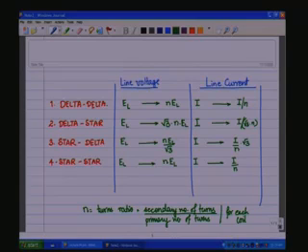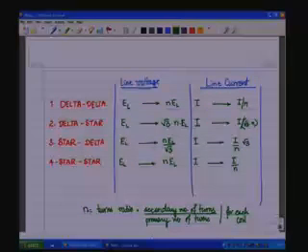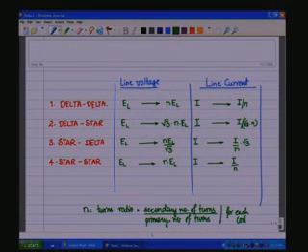The relationship between the line voltage and the line currents. So, you see that in the delta connection, the terminal voltage on the secondary side is just a factor of n times the primary terminal voltage.